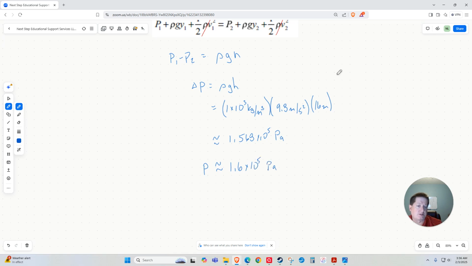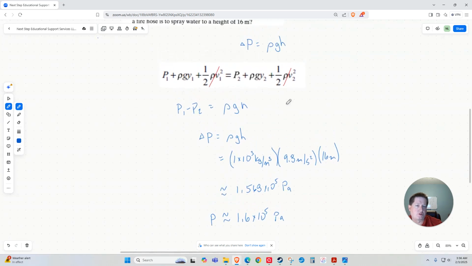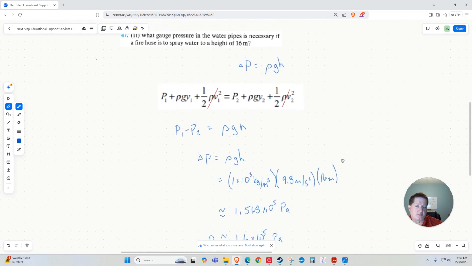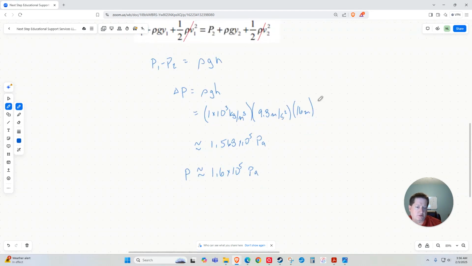Now, they didn't specify units here. Gauge pressure is typically represented in PSI. I believe the back of the book actually has this in pascals. But if this were more of a real-world situation, you'd want to go ahead and convert this. You can look this up with a search engine or look in the table in the book.